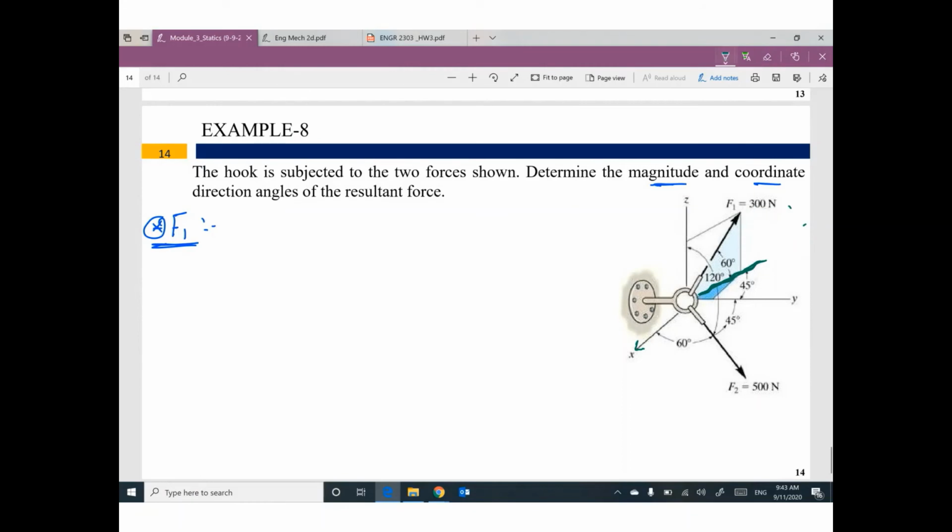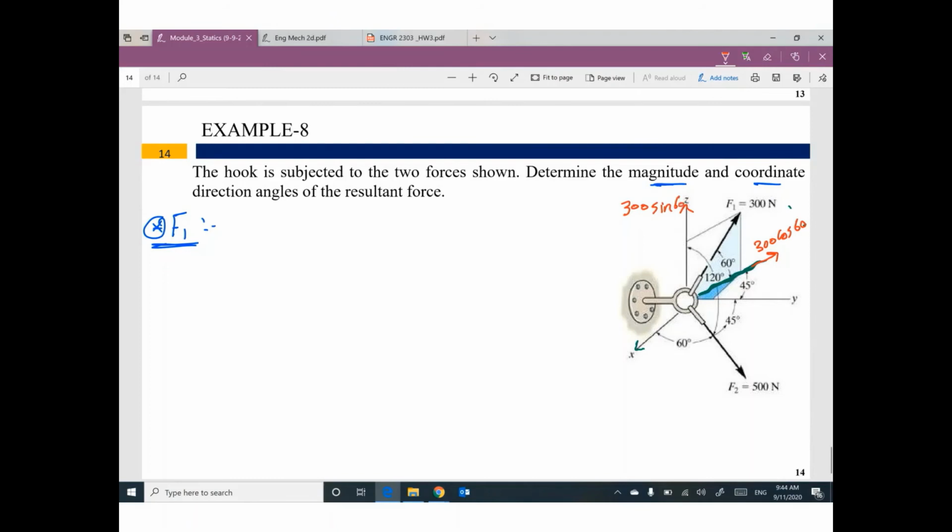I have a component in the projection line equal to 300 cosine 60, and we have the component 300 sine 60.